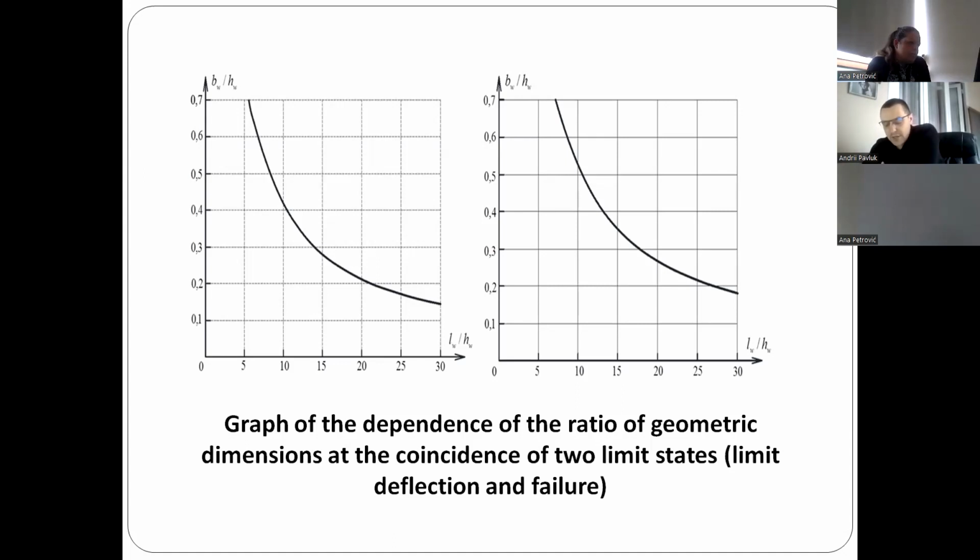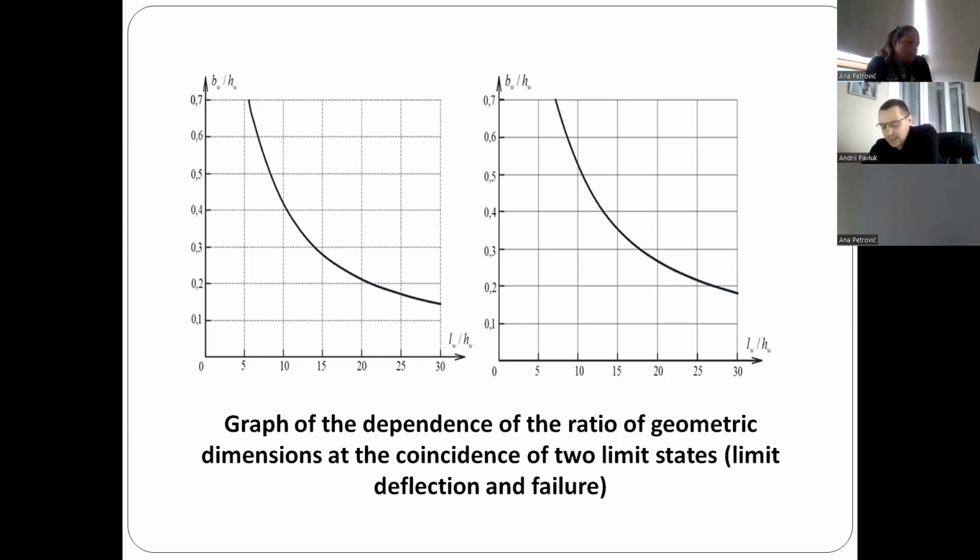If the geometric characteristics of the bending element fall under the line of the depicted graph, the element will reach the limit state under the limit load. Otherwise, the maximum deflection will be reached. It can also be concluded that the most effective section will lie within a width from 0.2 to 0.4 of the height of the section and a length from 10 to 11 of the height.